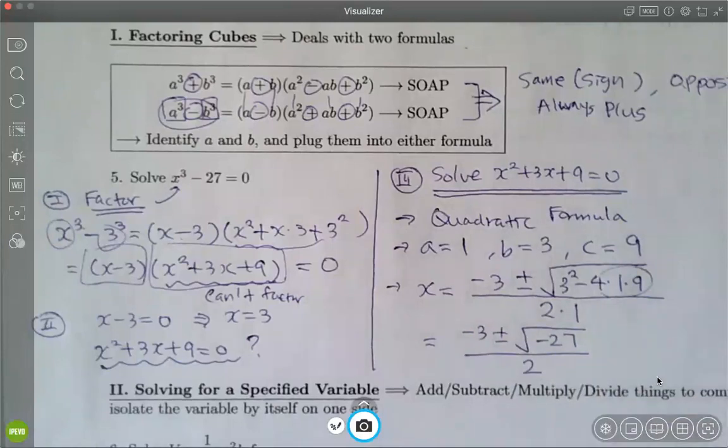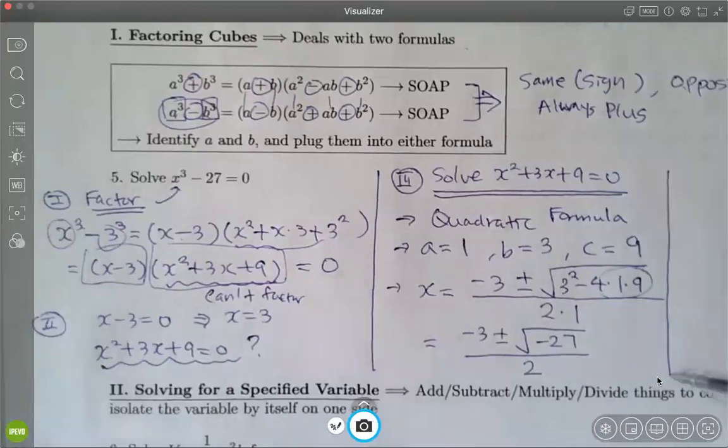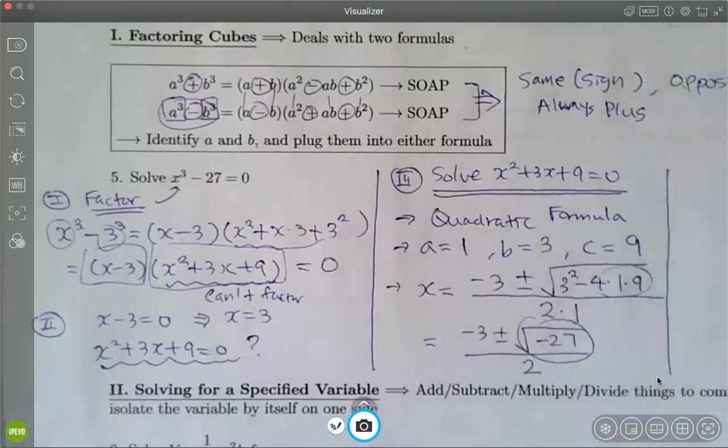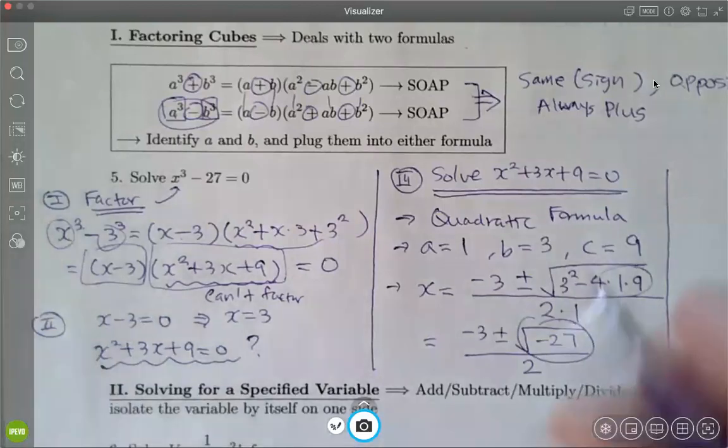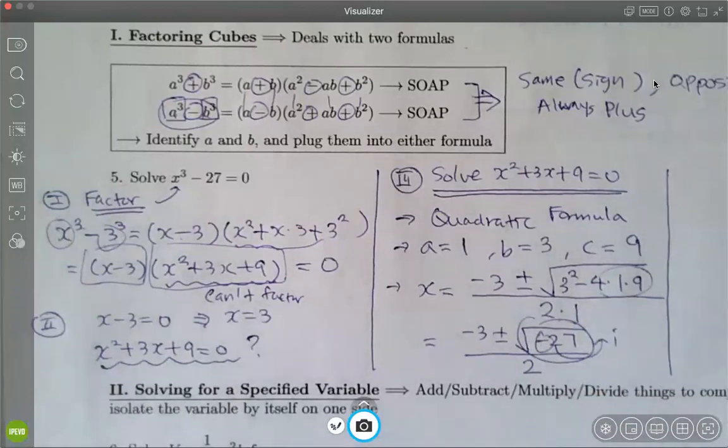Now we need to further simplify, especially this one. First, we see the negative number under the square root. So what does that mean? We can do this, right? So we have negative 3 plus minus square root of 27i, and everything over 2.